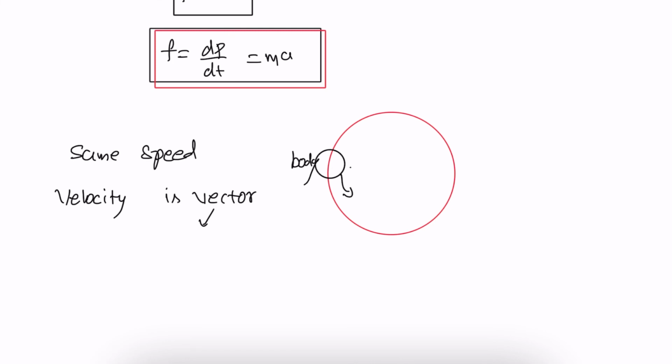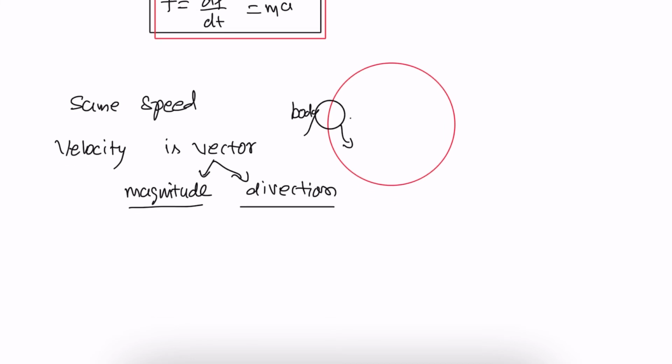Vector means it has magnitude and direction. A vector is constant only if magnitude and direction both are constant. Here when the body is moving in a circular path, its direction is changed. When the direction is changed, the vector is changed, so velocity is changed.